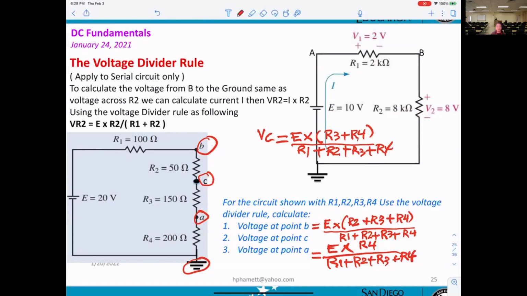When they want to measure only a single point, A or B or C or D, whatever, then the other side of your meter must go to the common. Okay, any question about voltage divider?